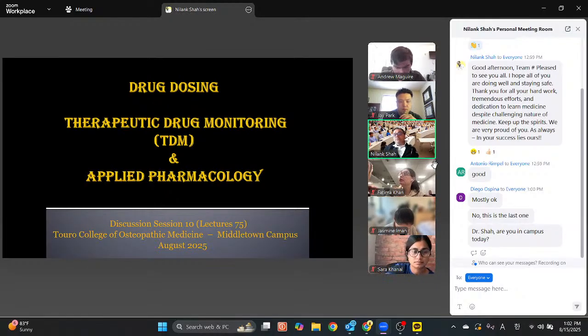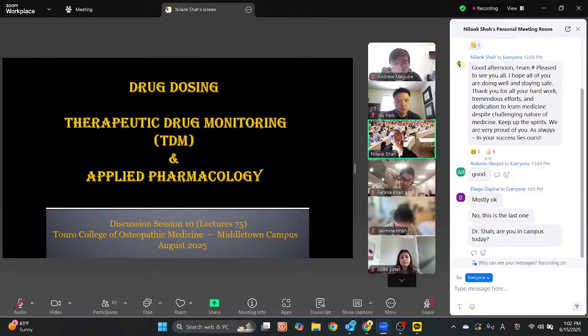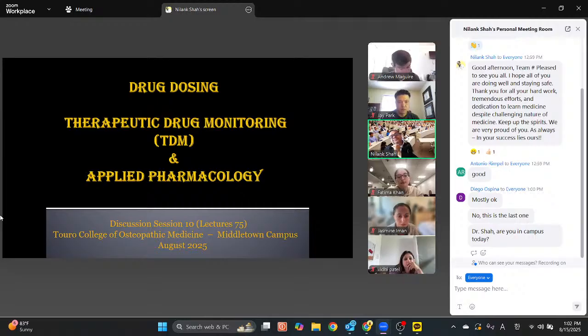So I have two problems for each drug dosing process. For loading dose, there are two questions that we will discuss, and for maintenance dose, there are two questions that we will practice today. But before we get there, I would like to discuss therapeutic drug monitoring, and you can see that on your screen.